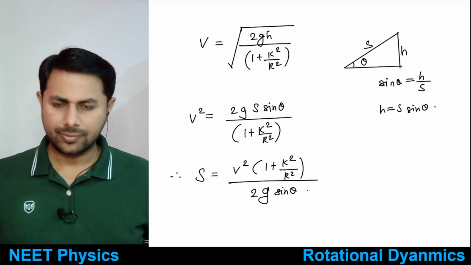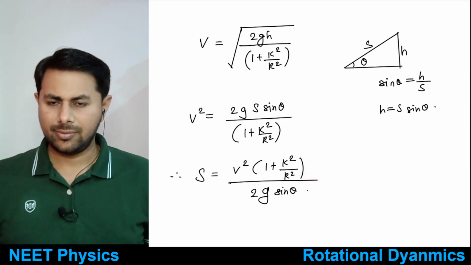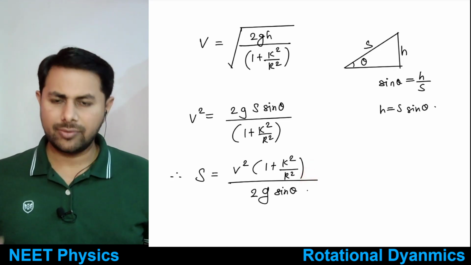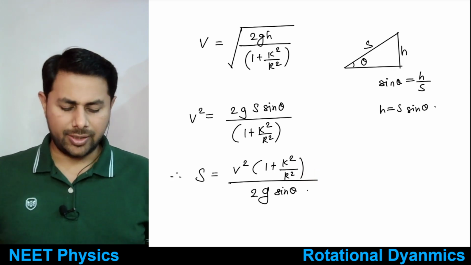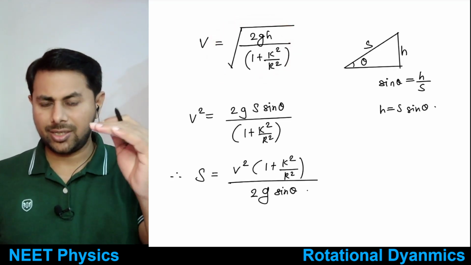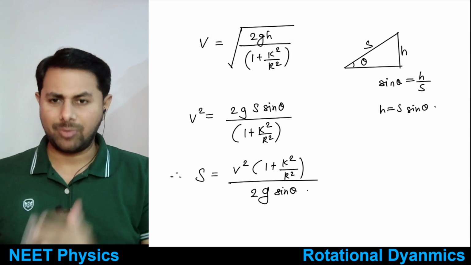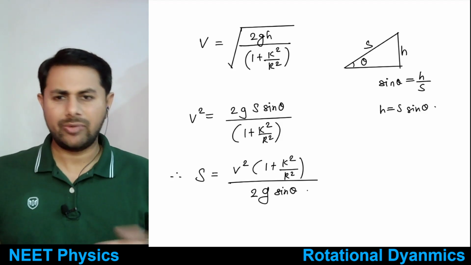Okay, so you could do this way also, and there is very less chance of error in this one, because see, this formula we derived considering the potential energy at top gets converted to kinetic energy at bottom. Okay, and what's happening in this question, reverse thing is happening.